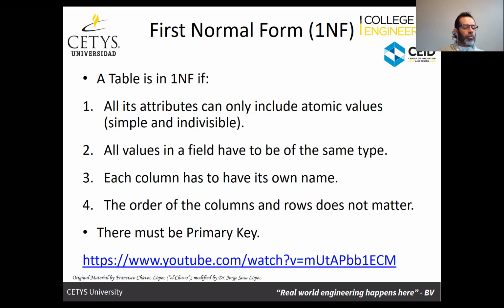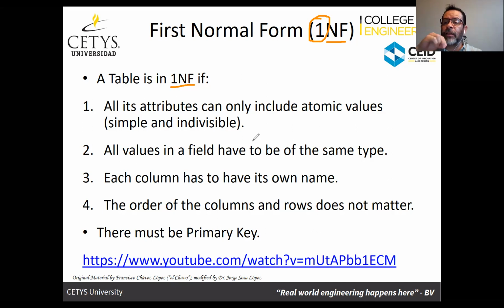The first normal form is called 1NF. The way we denote the normal forms is the number and then NF, which means normal form. What characteristics does the first normal form have? First off, all of the attributes or fields can only include atomic values.